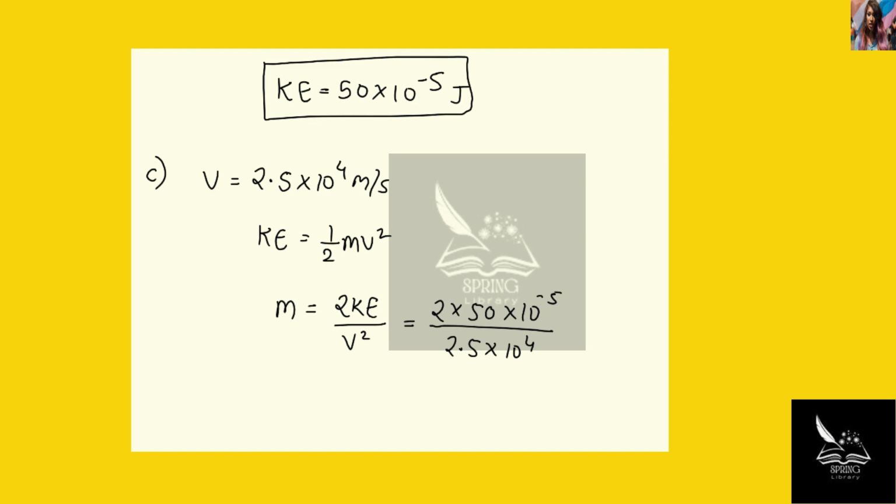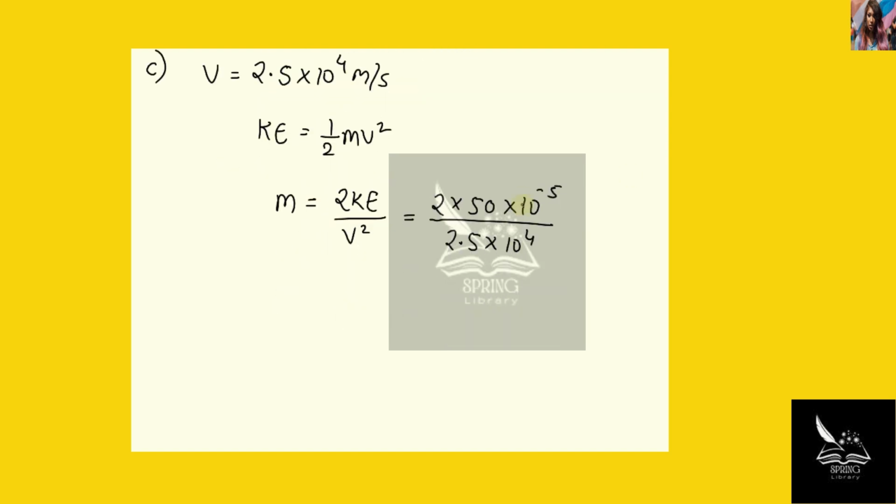So if we calculate this, it is 2 into 50, so 100 divided by 2.5, and this is velocity square.